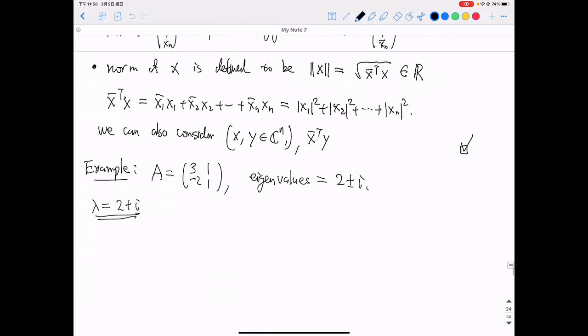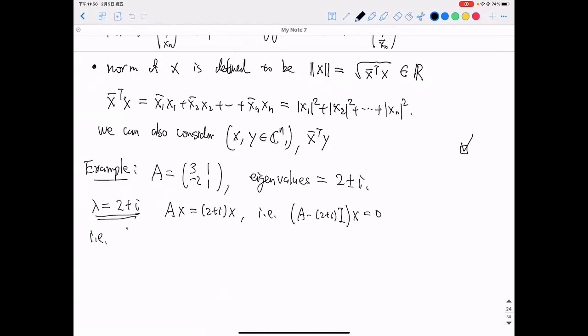For eigenvalue 2 plus i, we need to study Ax equals (2 plus i)x, i.e., (A minus (2 plus i) times the identity matrix)x equal to 0.